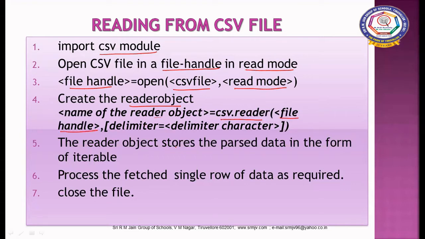The reader object stores the parsed data in the form of an iterable. So it reads the data from your file and it gets stored in your reader object. Process or fetch a single row of data as required. So as per the user's need, you can process each row of your record. Then at last you have to close the file.